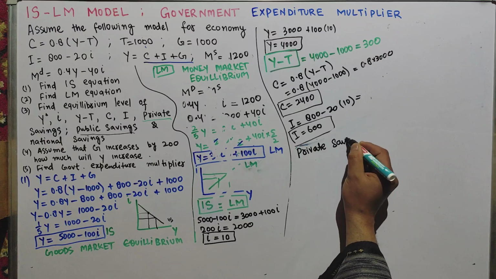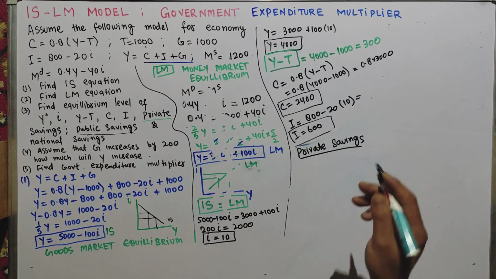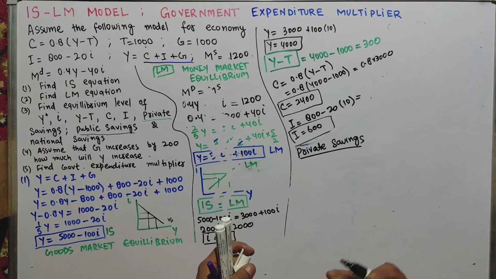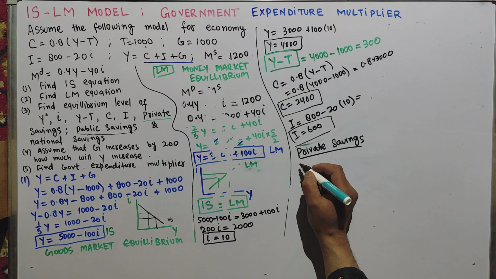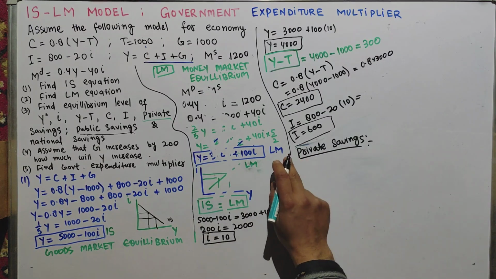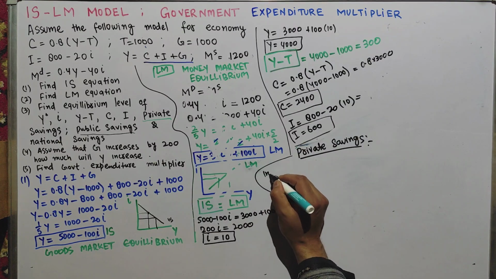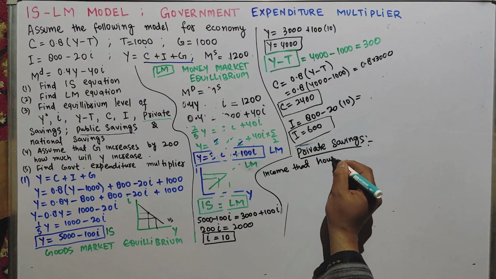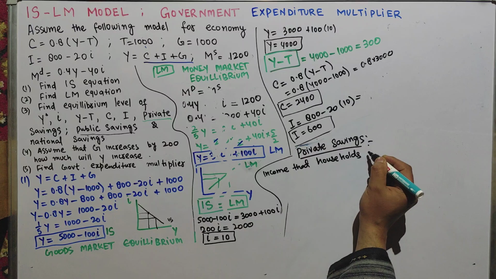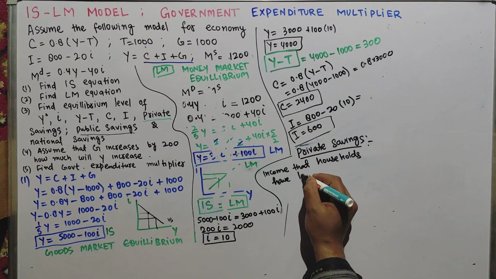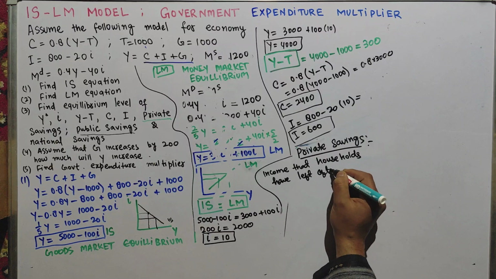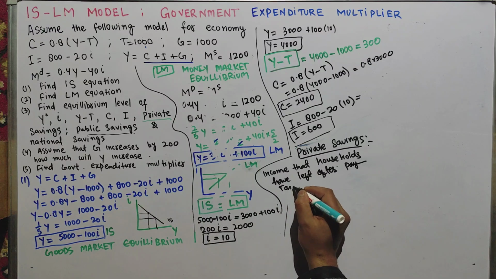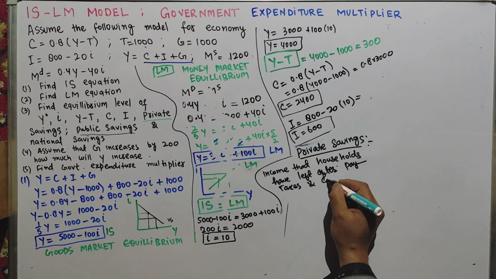By private savings, what we mean is the income that the households have left after paying taxes and for consumption.